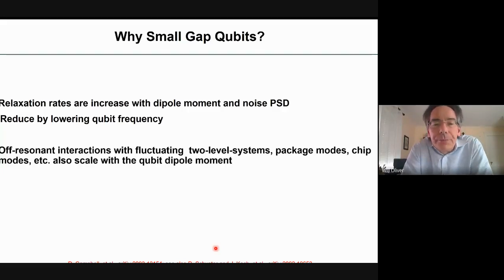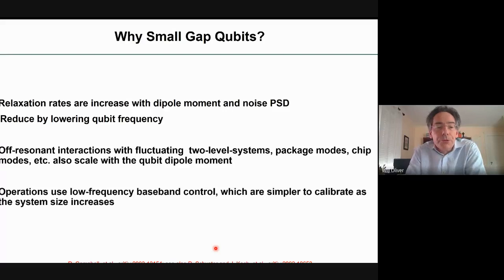Of course, that comes with the penalty of having to address excited state population. Now, off-resonant interactions often also scale with dipole moment, so this may also be an improvement. And the other is that operations will use low-frequency baseband control rather than microwaves in the gigahertz range.